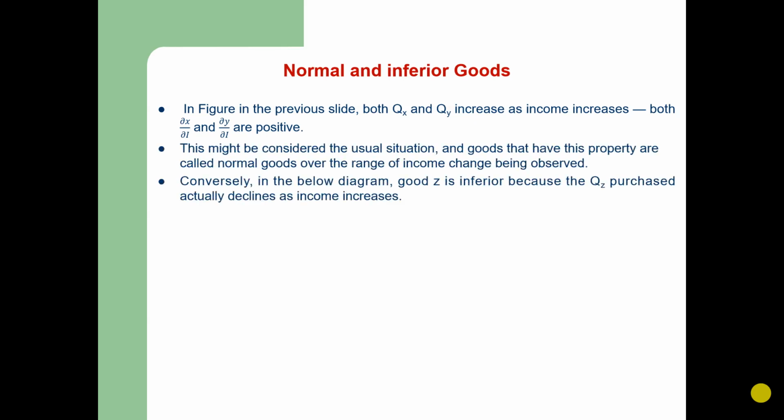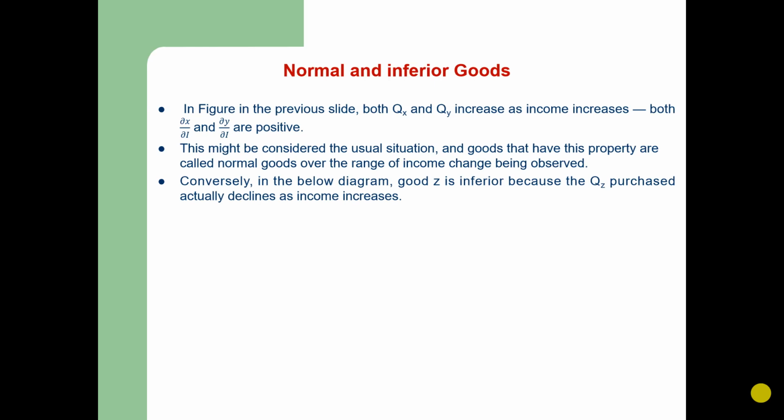So if both quantity of X and Y increase as income increases, and the change in the demand for X due to a unit increase in income and the demand for Y due to an increase in income are both positive, then both X and Y are normal goods.